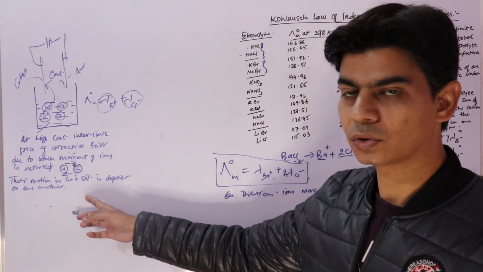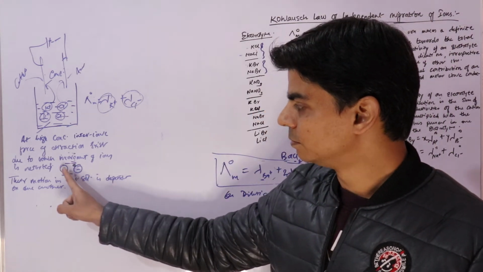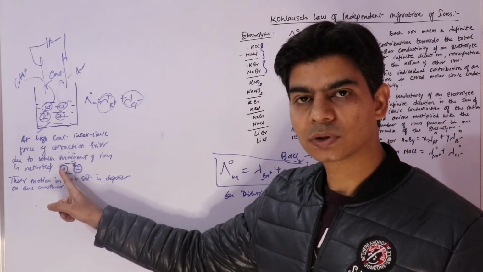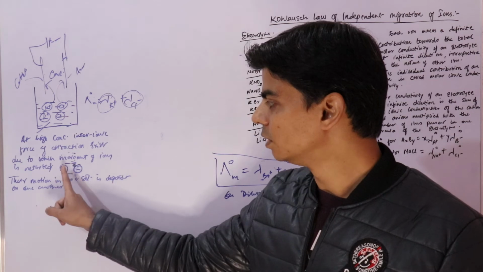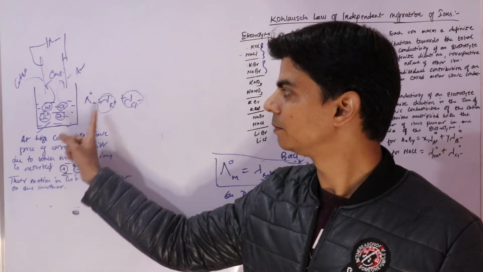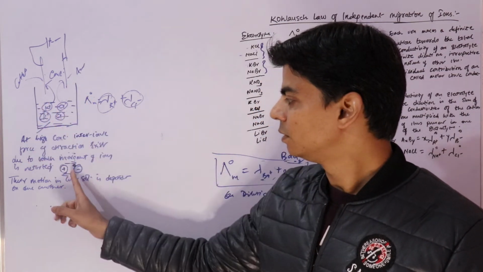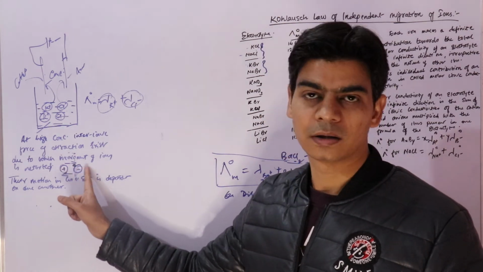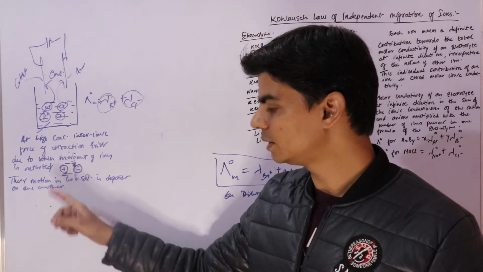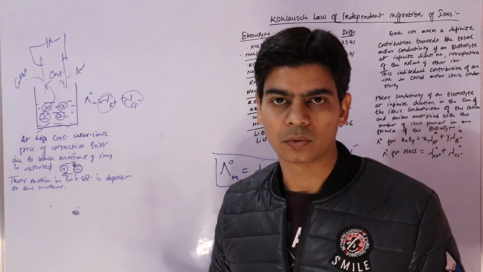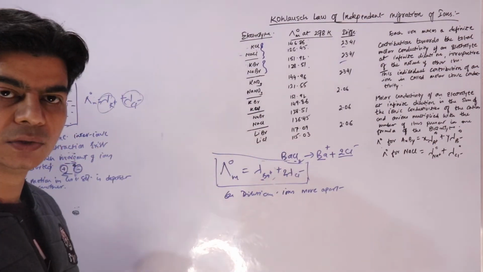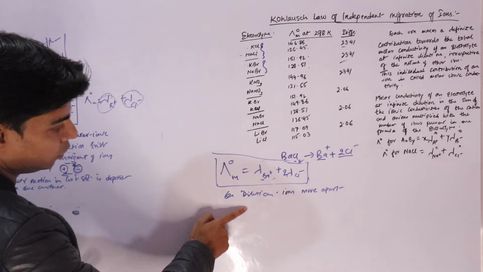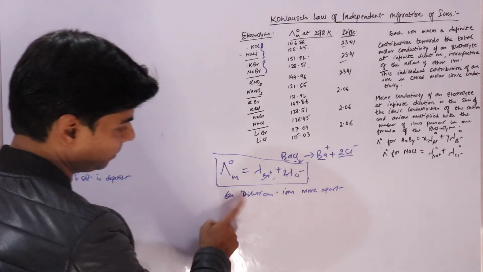At zero concentration, there is no interionic force of attraction acting between these oppositely charged ions. So the movement of these ions is not affected by one another, that is, their movement is independent of one another now, right. Because as we keep on increasing the dilution, ions move apart.